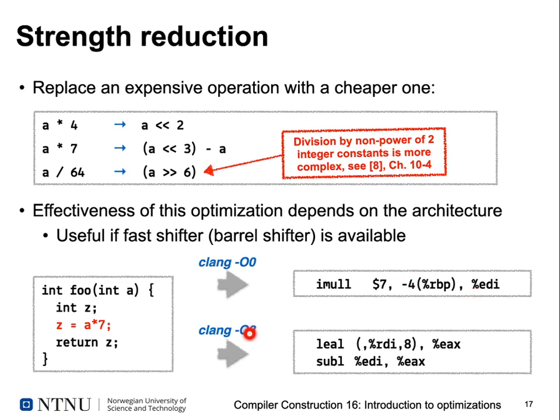Whereas when we use the optimization, it uses this relative addressing mode by loading the address of RDI times 8 into EAX and then subtracting it once. So a times 8 using a shift, minus z. So the code coming out of the optimization may sometimes be difficult to understand and difficult to figure out what's really going on.